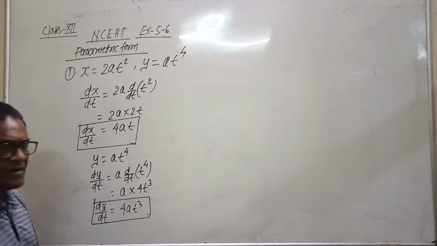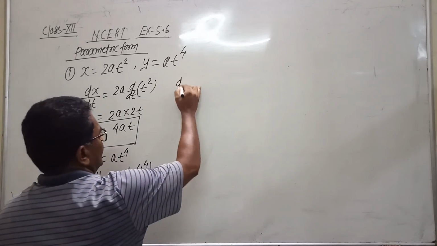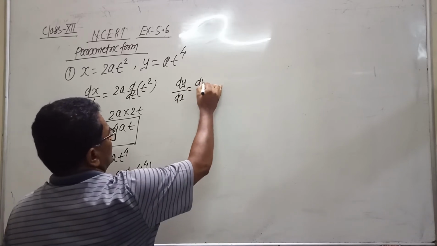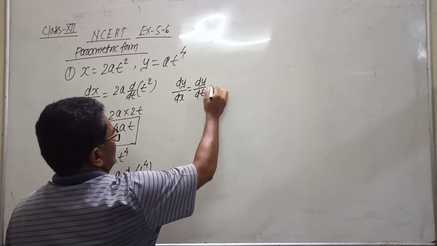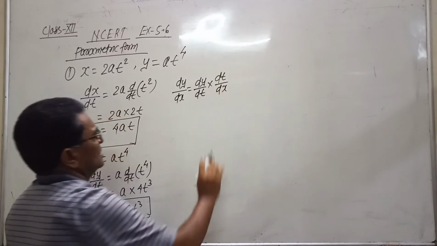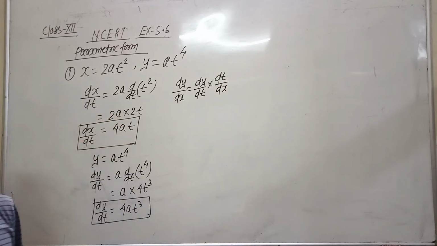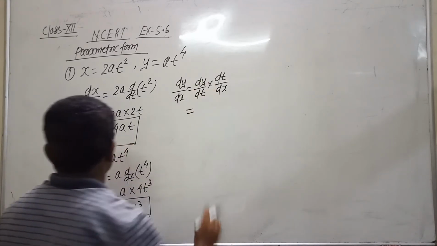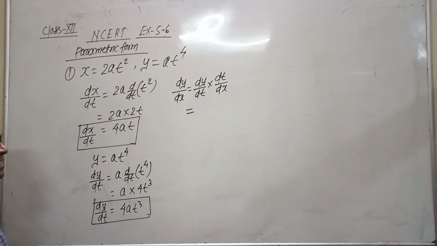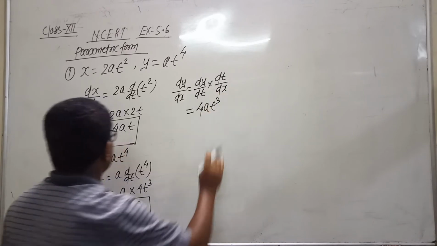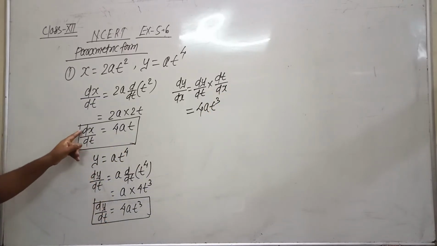Now we have to find dy by dx. So dy by dx is written as dy by dt into dt by dx. The value of dy by dt is 4at cubed, and the value of dt by dx, this is dx by dt.